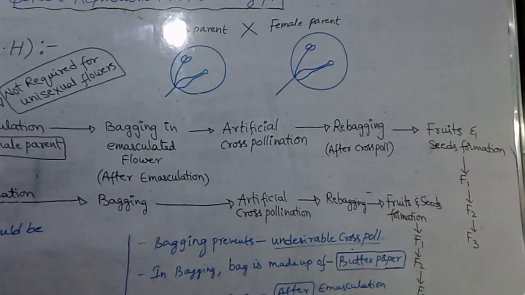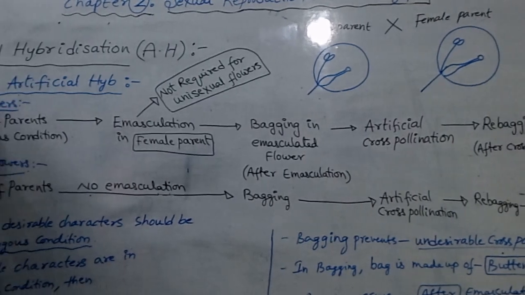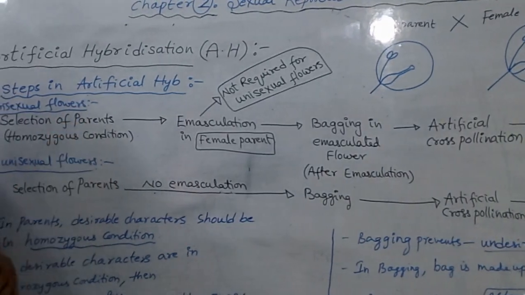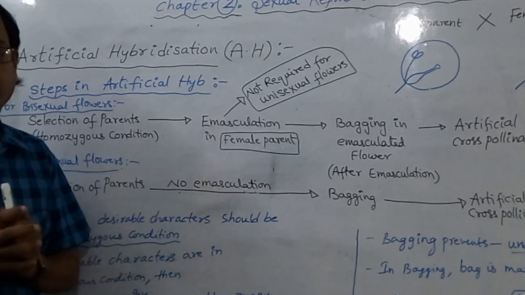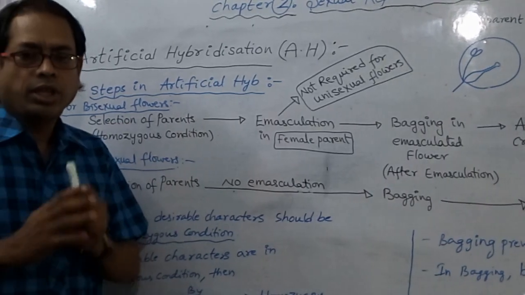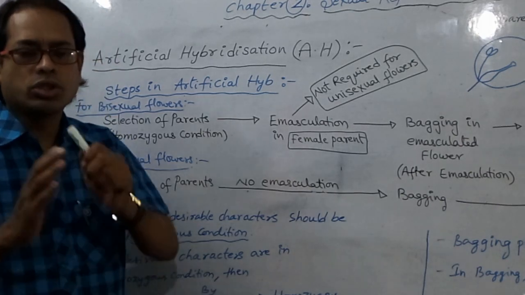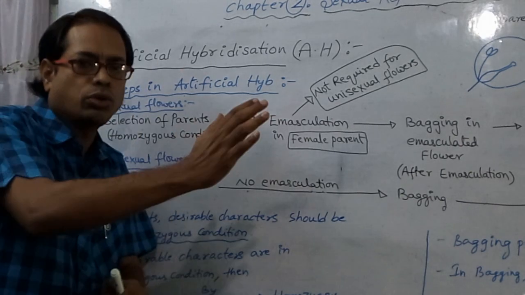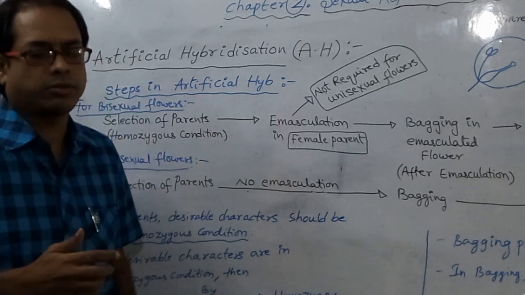Okay, now I am going to explain step by step. First of all, we have to select the parents. That means the character should be in homozygous condition. If the characters are in heterozygous condition, they should be converted into homozygous condition by repeated self-pollination.